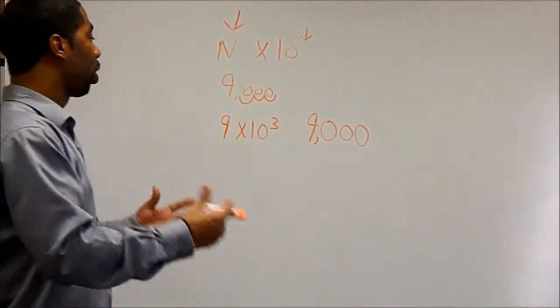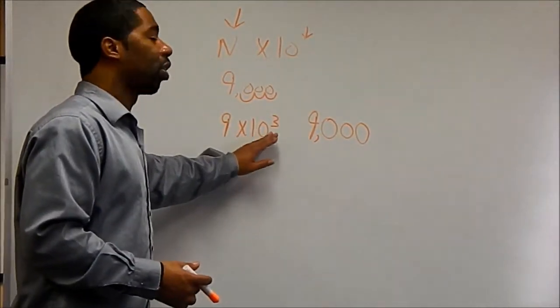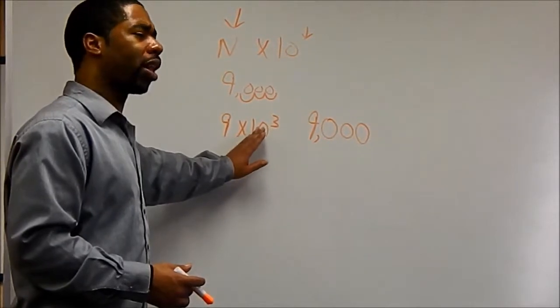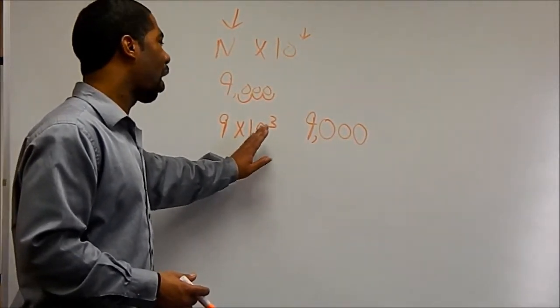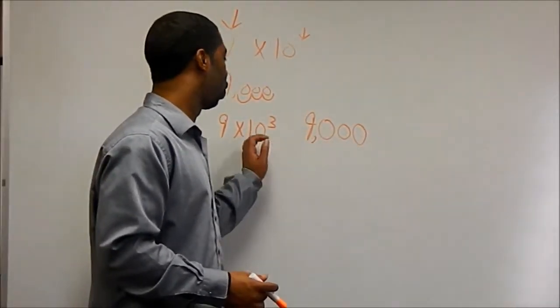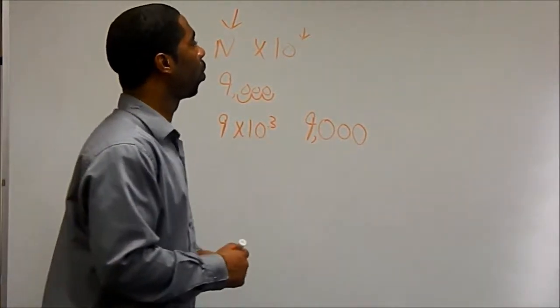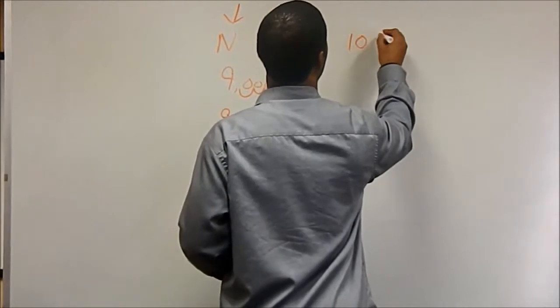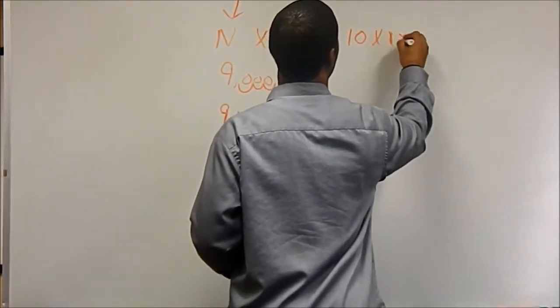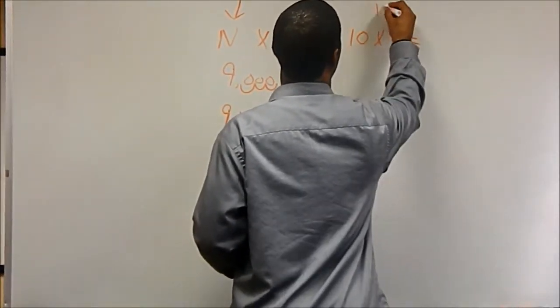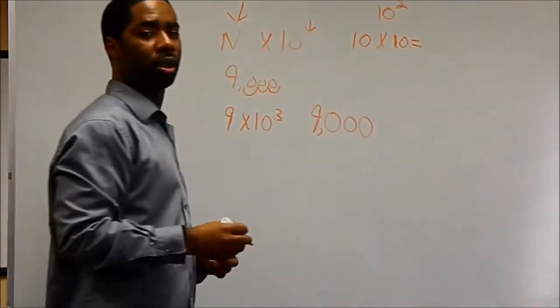Now, in order to work these, you would have to understand this pattern. But let's talk about the logical mindset of it. Why do we just add zeros when we're talking about 10 to the third power? Because when we're talking about exponents, 10 times 10 would be 10 to the second power, wouldn't it? Yeah.